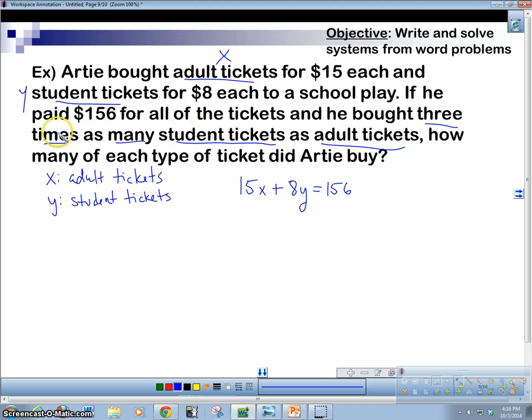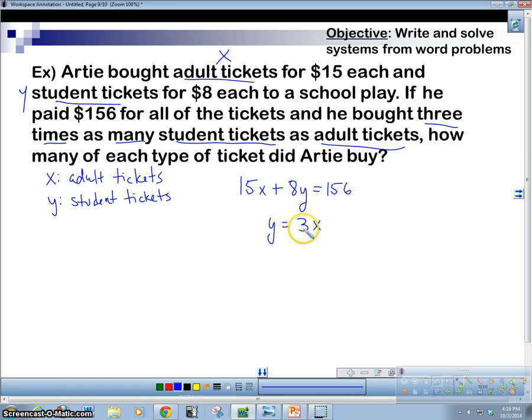So it's not 3y equals x. It is he bought 3 times as many student tickets as adult tickets. So that means his student tickets, y, is equal to 3 times x.